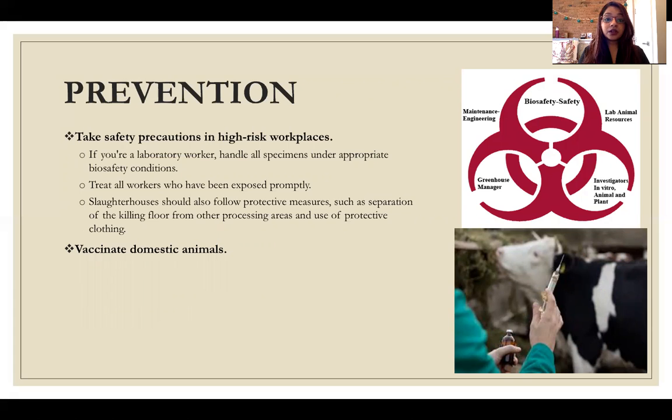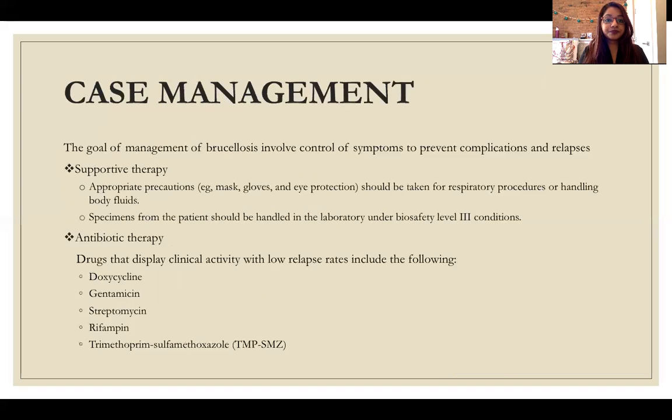If you're a lab worker, handle all specimens under appropriate biosafety conditions and treat all workers who have been exposed promptly. In slaughterhouses, there are also protective measures such as separating the killing floor from other processing areas and use of protective clothing to avoid contact of infectious material or infected animals with humans. And lastly, you want to vaccinate all domestic animals.